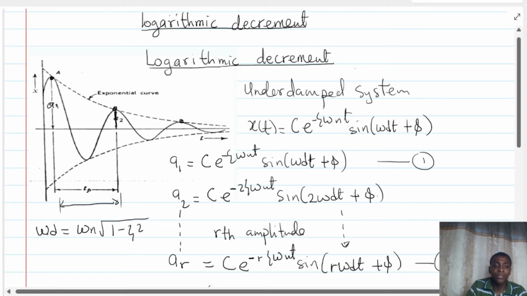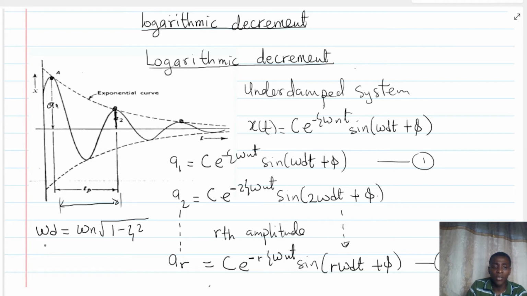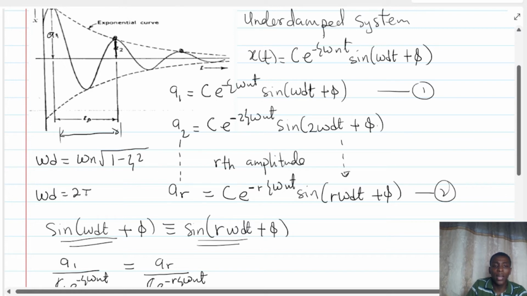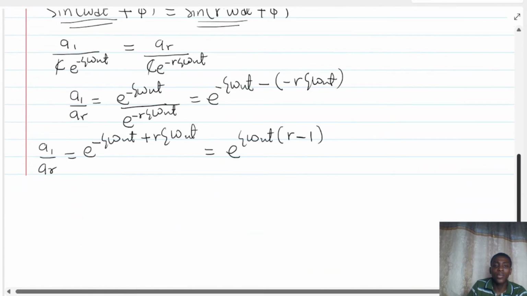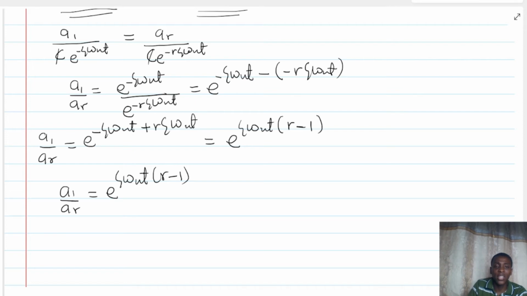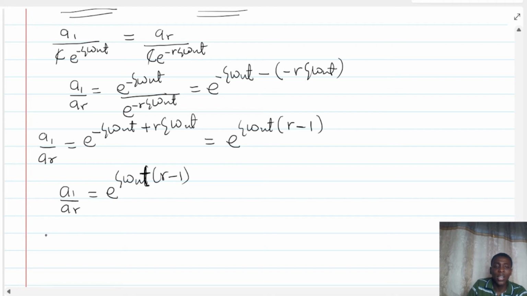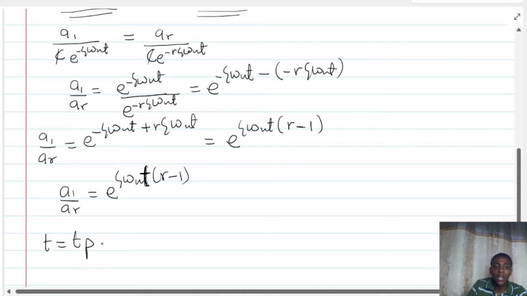And don't forget that if I am interested in the period associated with the damped natural frequency, ωd is 2π divided by the period. So let me bring it here. We are saying there is a t here, in ωn t, but this t is actually the same as Td, the period.